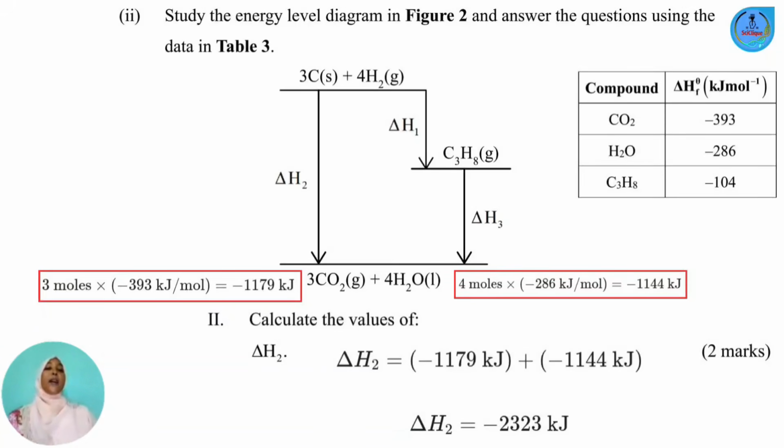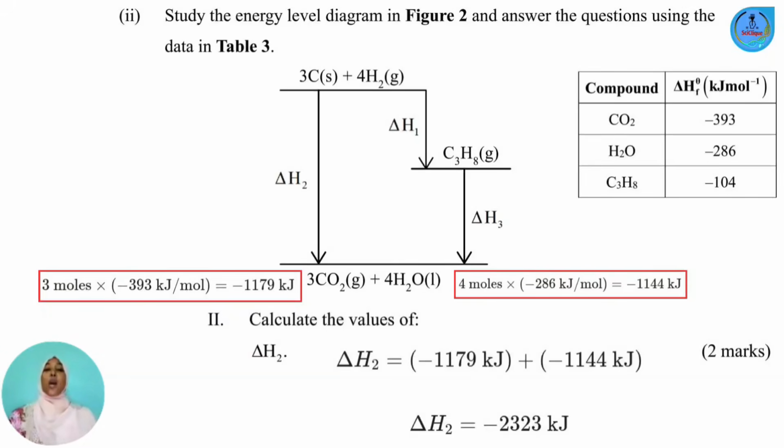Tunaendelea huku kwa upande wa pili when it comes to water. If you look at water, the standard enthalpy of formation is negative 286. So this is the heat energy that is released when 1 mole of water is formed. How many moles of water are we forming at this point? 4.